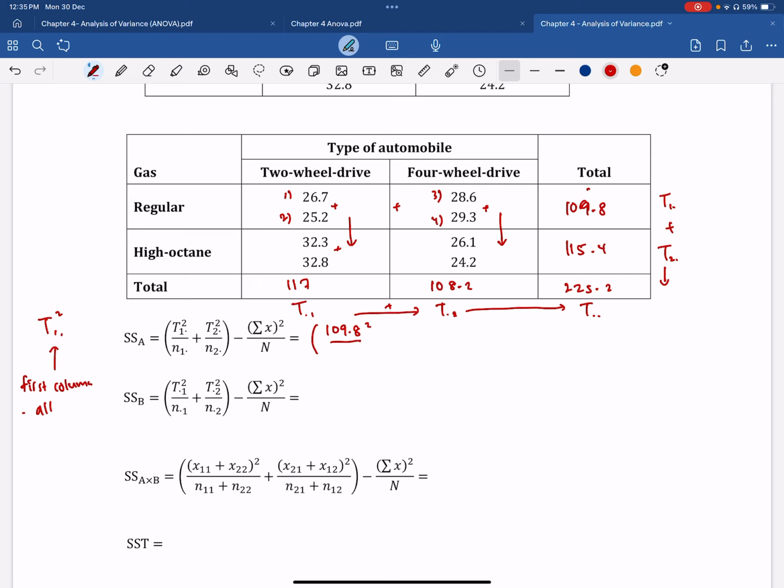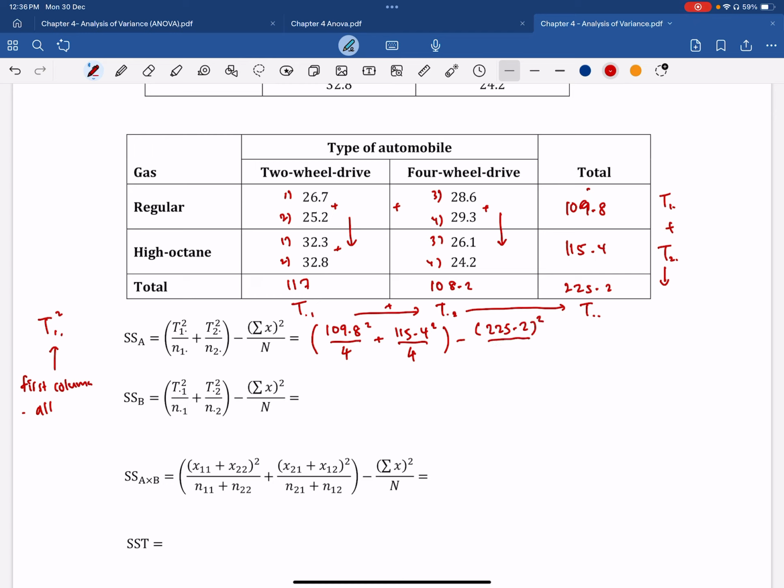So you have 4, plus 115.4 squared over 4 for the second row, and then you minus the summation of x, the grand total 225.2 squared over n.